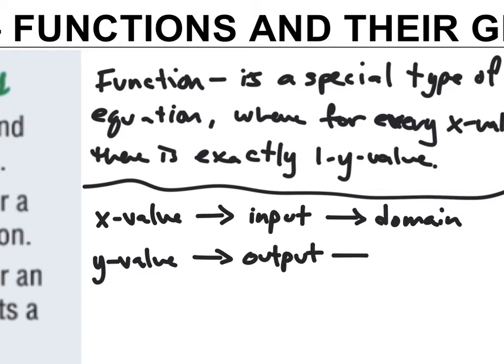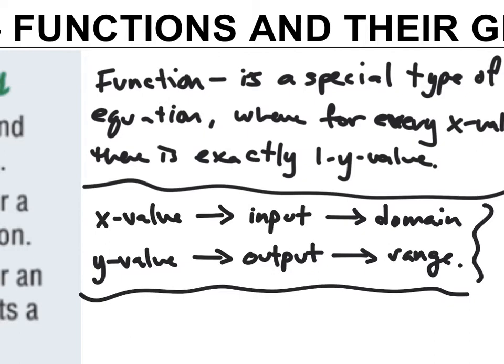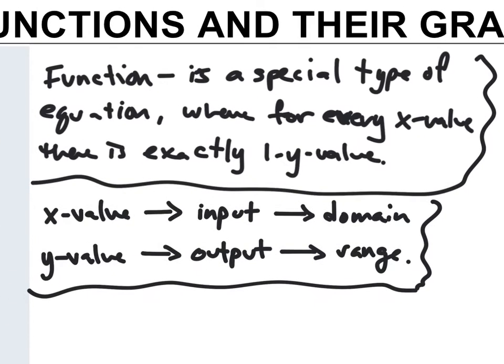We can also call that an element of the range. So all three of these things mean the same thing. Typically the definition uses the words input and output, but I want you to know that an input is the same thing as an x value, same thing as domain. Output is the same thing as a y value, same thing as your range.